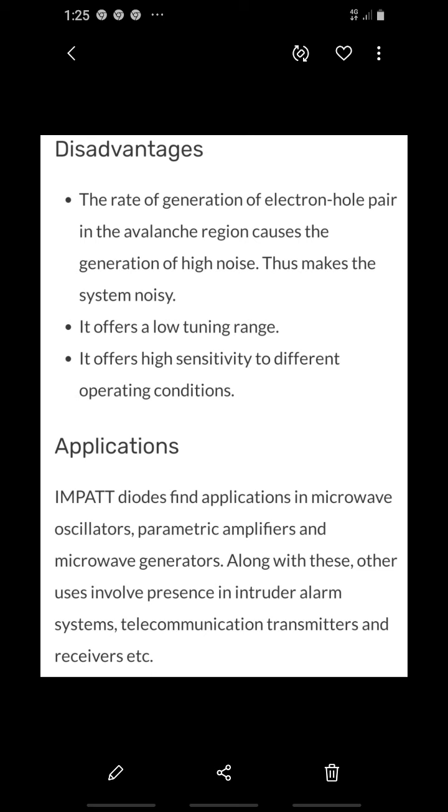And the next, working of the impact diode along with its structure, working principle, advantages, disadvantages, and applications.